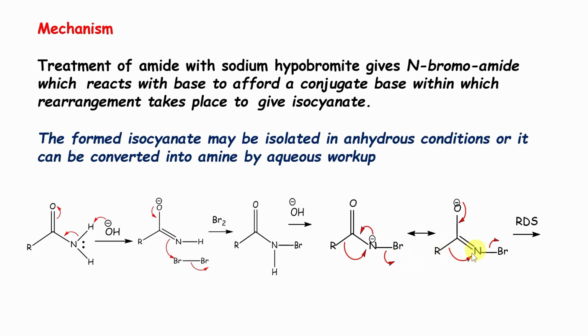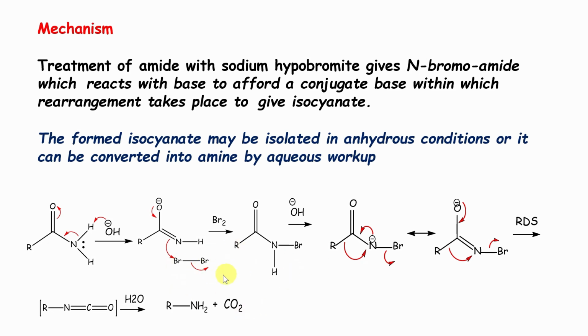This rearrangement step is the rate determining step, whereby the isocyanate is formed. The formed isocyanate on hydrolysis gives the product amine, a primary amine, with the elimination of a carbon dioxide molecule. It is the actual mechanism involving Hofmann's rearrangement.